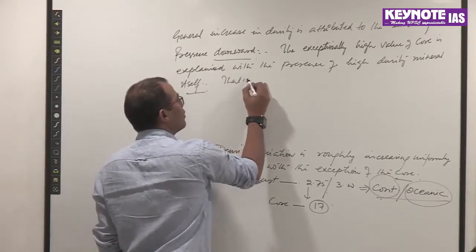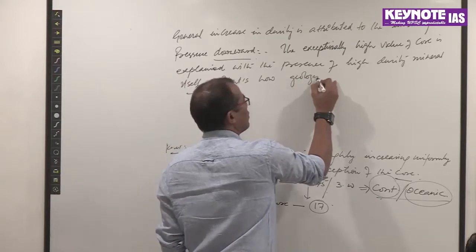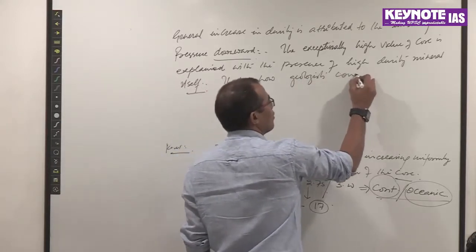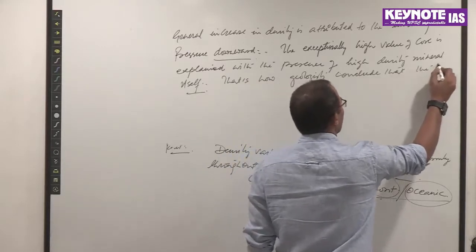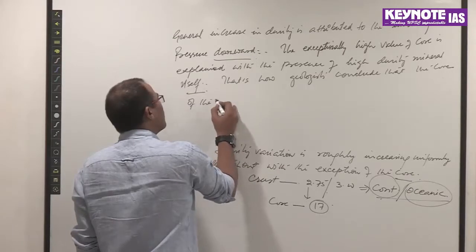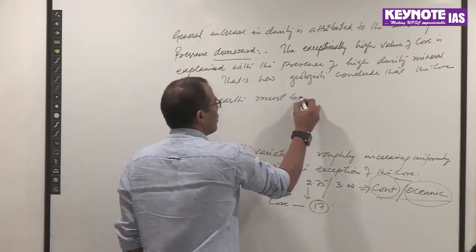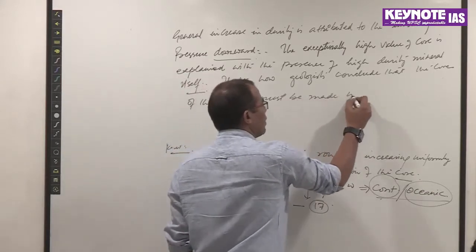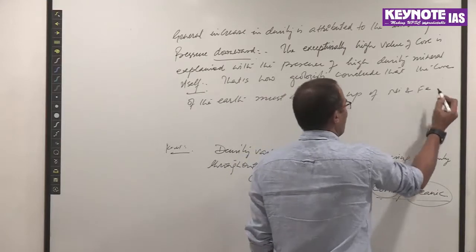That's how geologists conclude that the core of the earth must be made up of nickel and iron.